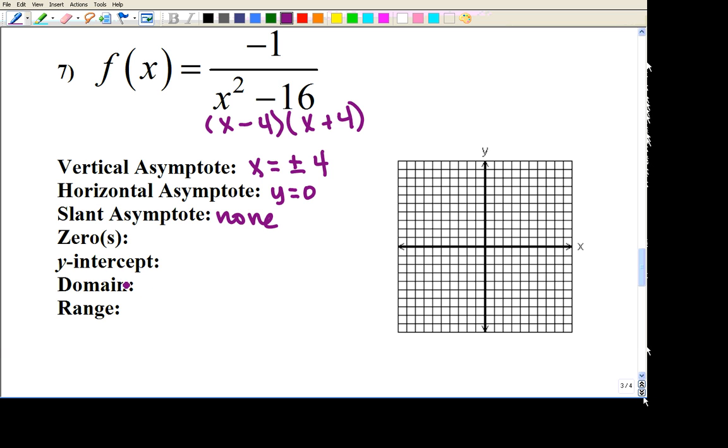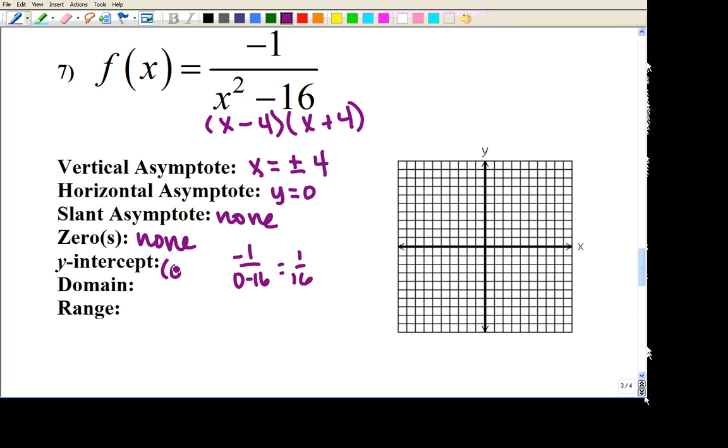For the zeros, we have to look at when the numerator is equal to 0. We don't have any x's there to solve for, so we do not have any zeros either. For the y-intercept, you plug in 0 for x, so we'll have -1 over (0 squared minus 16). That's -1/16.